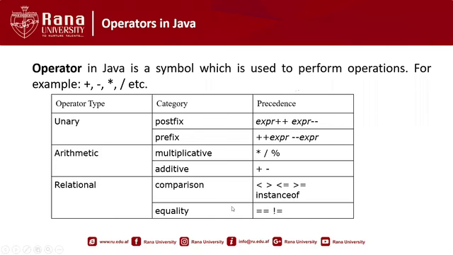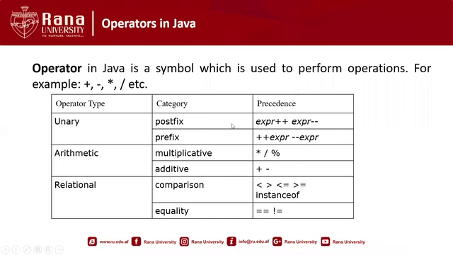And in summary, we can say this about operators in Java. An operator is a symbol that you use to perform operations. For example, you want to add some values. All of them are symbols used to perform specific operations. And we have the unary operator, arithmetic operator, and relational operator. The unary operator is divided into two types: postfix and prefix.